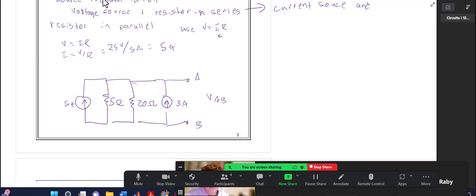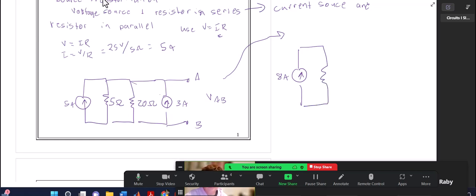Okay, so is everyone okay with what I did there? Alright, so now these are in parallel. Current sources in parallel, you can just add those together to get an equivalent current. So 3 plus 5 is 8 amps. They're both going up, so I just add them together.